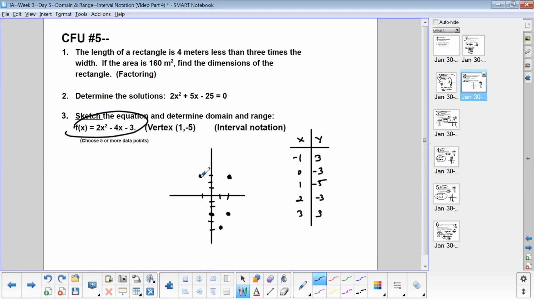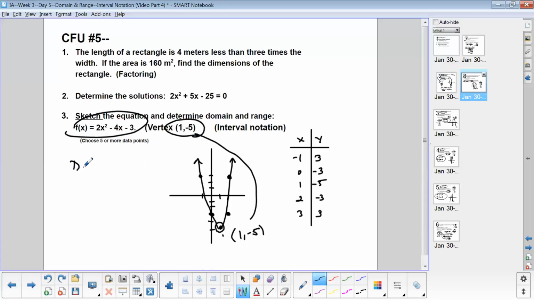So we see that it does bottom out. And it has a minimum point, and that minimum point is 1, -5. It's the vertex.